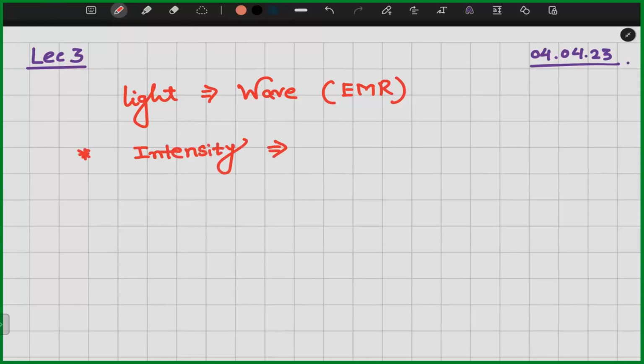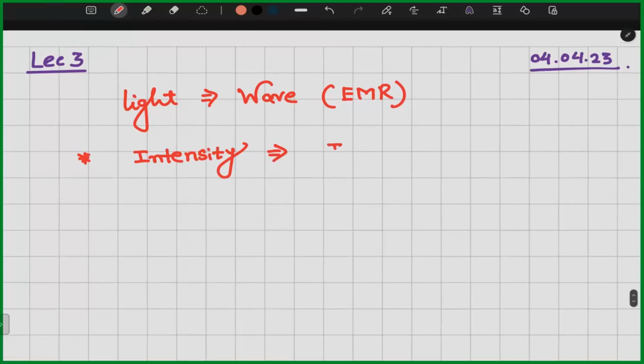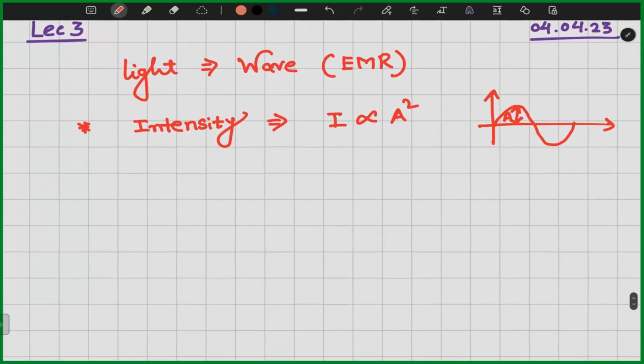Intensity, and another one is frequency. Intensity, as we discussed yesterday also, depends on the amplitude squared. If a wave has some amplitude, this is called the amplitude, right? So intensity depends on the amplitude squared. And frequency, nu, is the number of full waves repeated per unit second. nu is equal to c by lambda, where lambda is the wavelength.